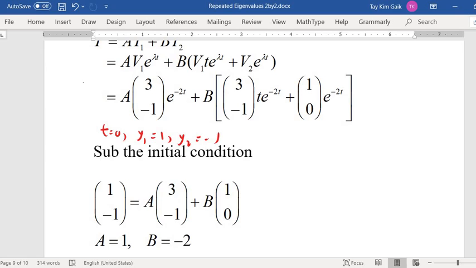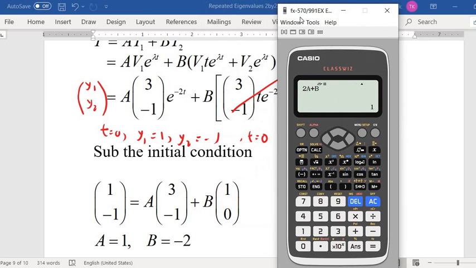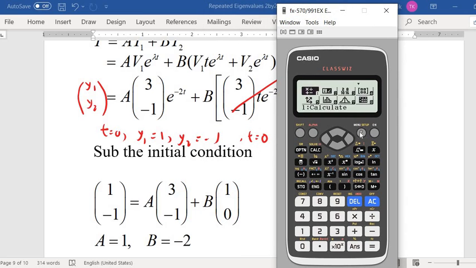When t is 0, the exponent is 1, and the t term is gone. So you get A times 3 and negative 1 plus B times 1 and 0. You may use your scientific calculator directly to solve for A and B quickly.